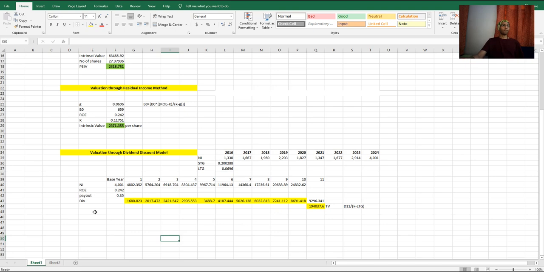Now we find the present values of all this. Present values of all dividends.